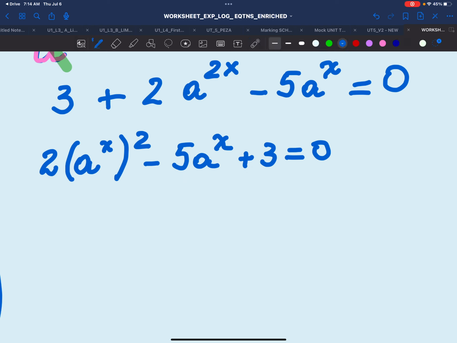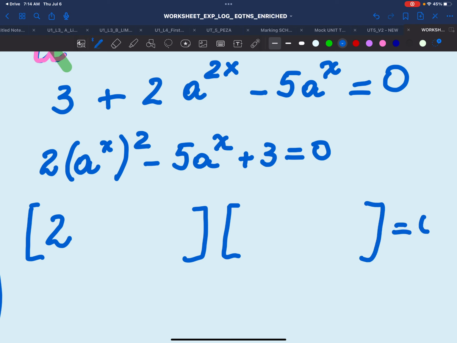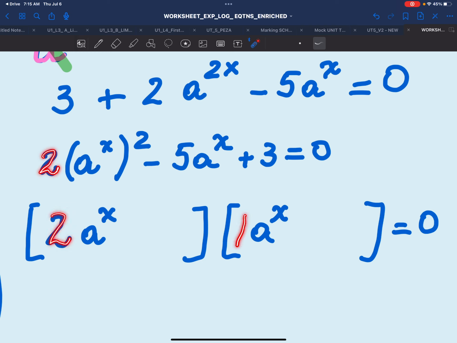So, which means that this must be factorable. So we're going to say that the factors, which will be in binomial form, must both have a to the x to start with, and one of them will have a coefficient of 2 and the other a coefficient of 1, because that's what gives us 2a to the power of x squared.